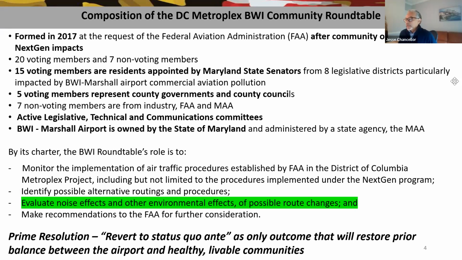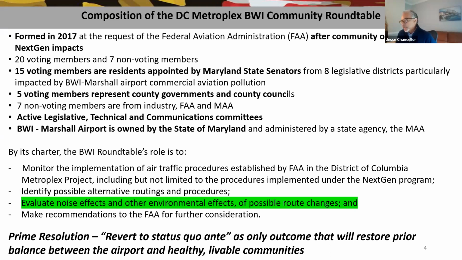Another element of our roundtable is highlighted in green on your screen. In addition to the standard roundtable work on the FAA's Metroplex changes, we crafted our charter more broadly to address environmental effects. And that's how we've been able to create these monthly reports and to support health-related research, which I'll describe in a minute.